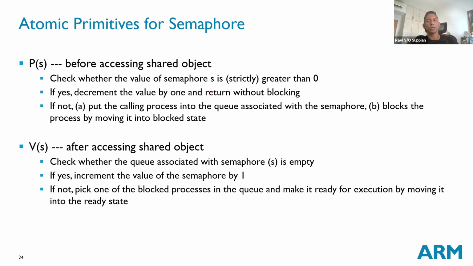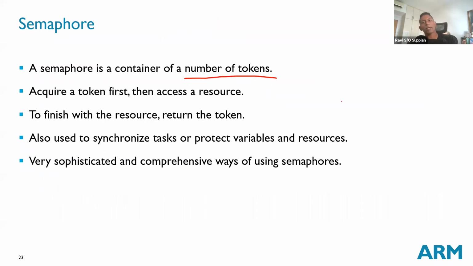Now you can only take the semaphore if the number is greater than 0. So maybe I come back here first, but I say number of tokens, number of resources. So what is the example? Take a simple example. Let's assume that you have your KL25Z.